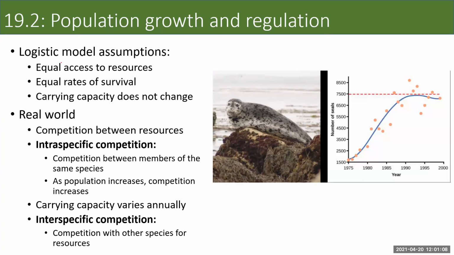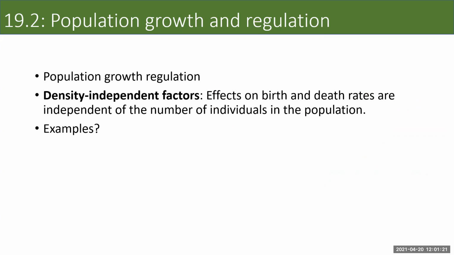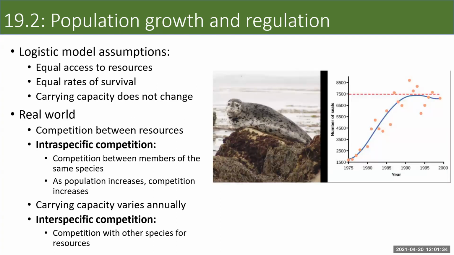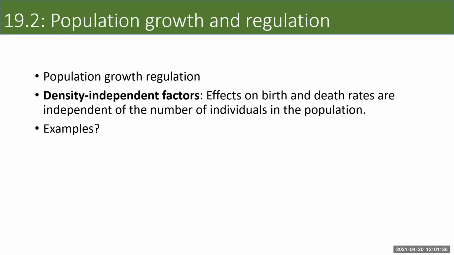Now, some other factors that cause this population at carrying capacity to vary are things like density independent factors and density dependent factors. Okay, so population growth regulation can really be influenced not only by competition but by density based factors as well.